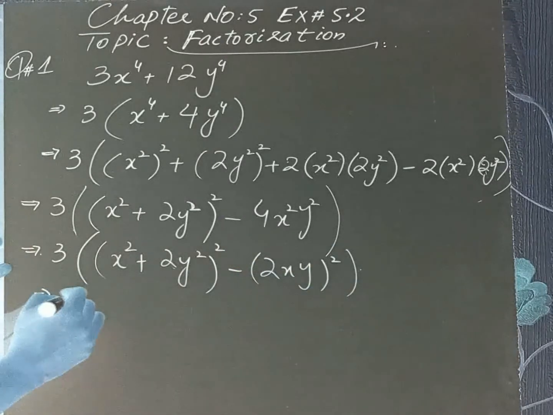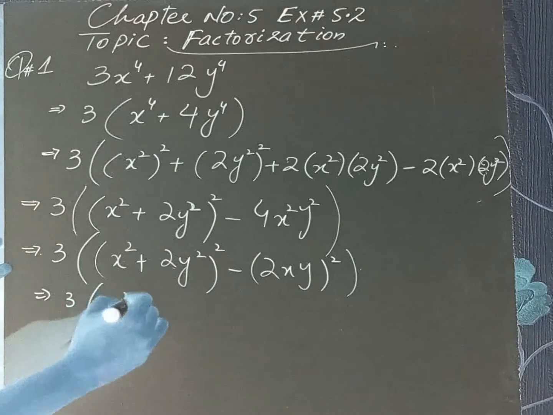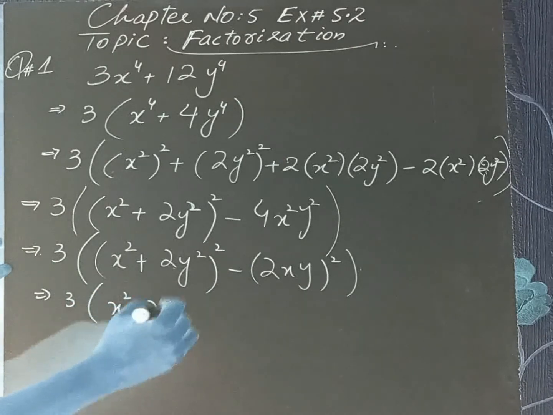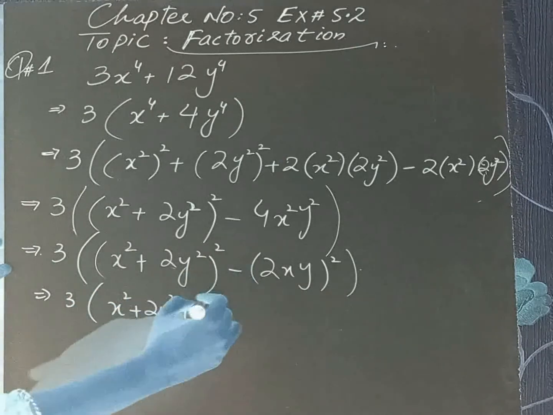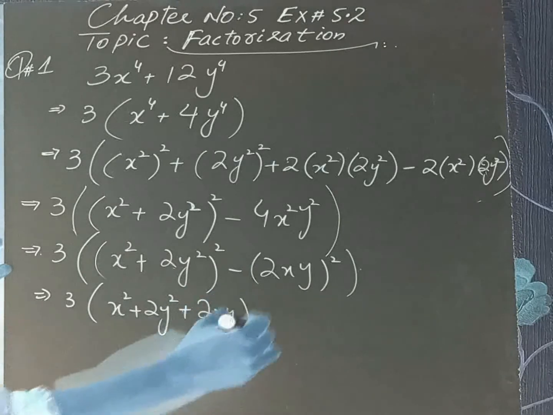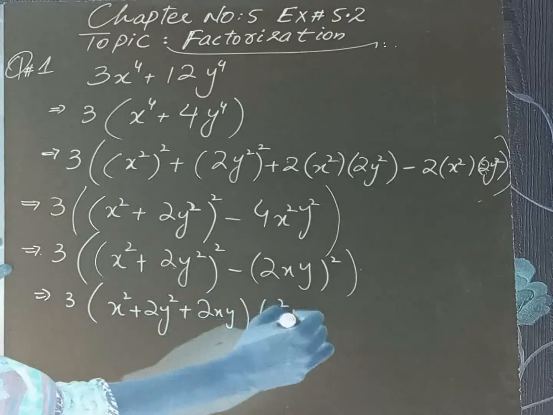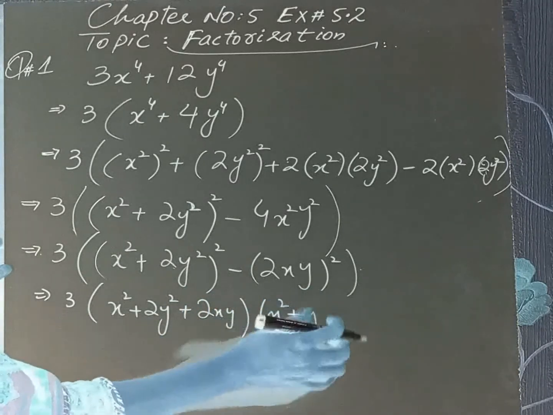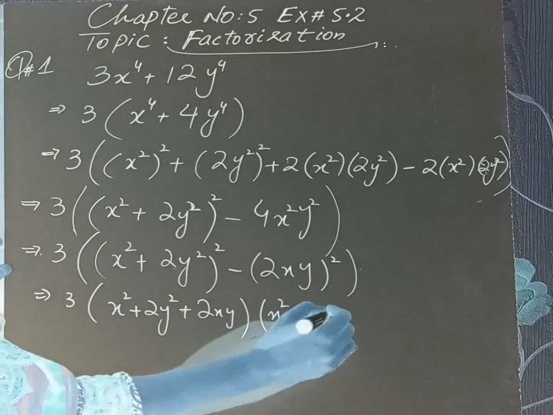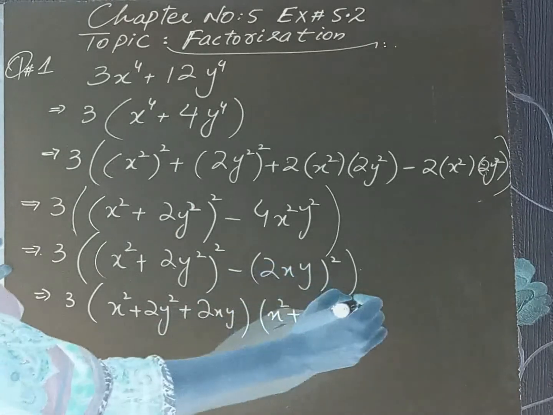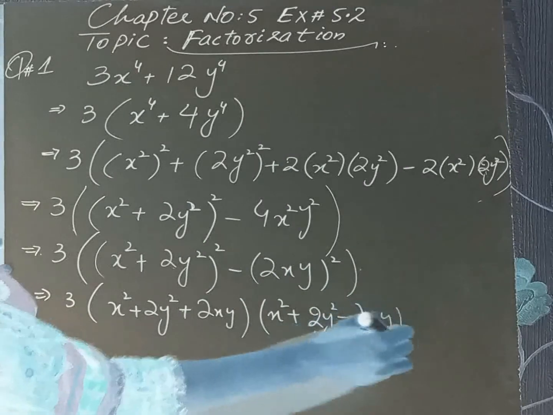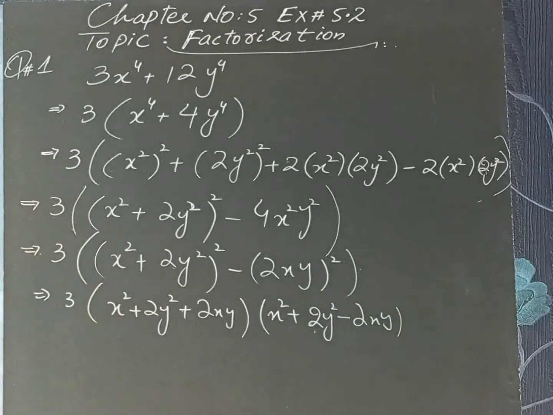So this is now a plus b: x square plus 2y square plus 2xy, x square plus 2y square minus 2xy. So this is the factorized form of this given expression.